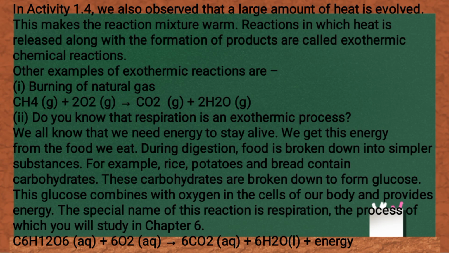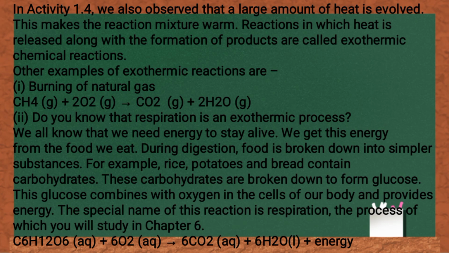During digestion, food is broken down into simple substances. For example, rice, potatoes and bread contain carbohydrates. These carbohydrates are broken down to form glucose. This glucose combines with oxygen in the cells of our body and provides energy. The special name of this reaction is respiration, the process of which you will study in chapter 6.